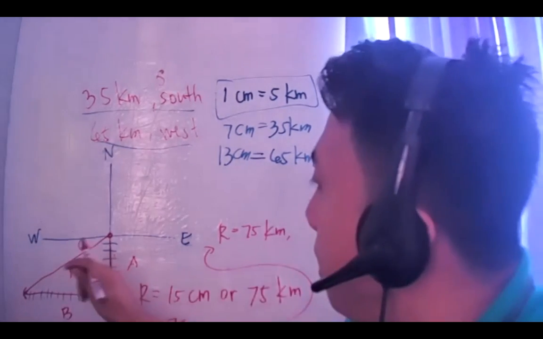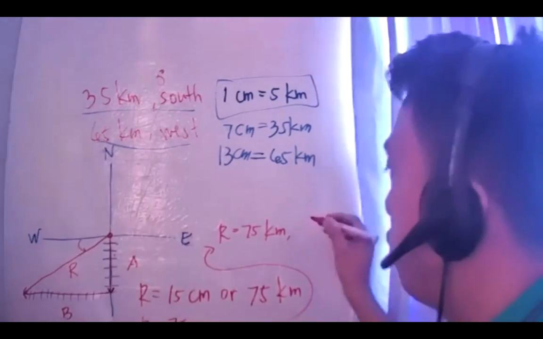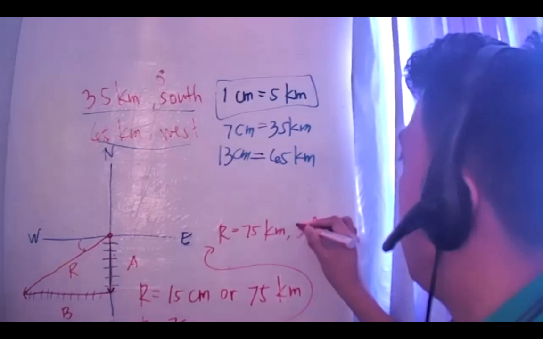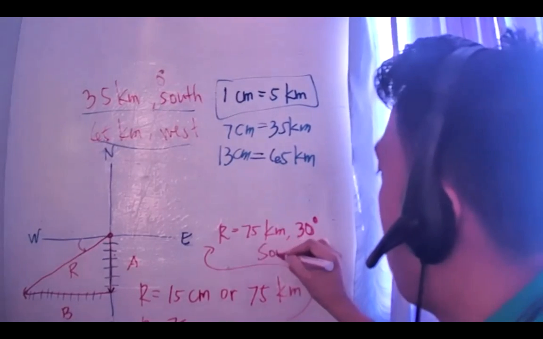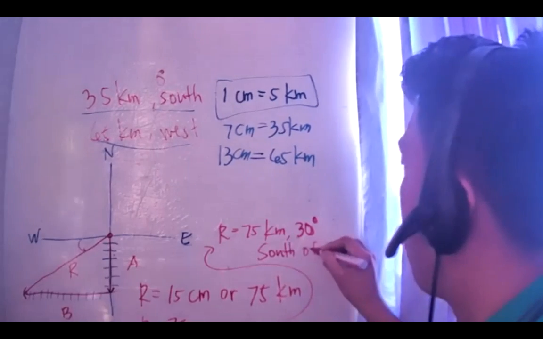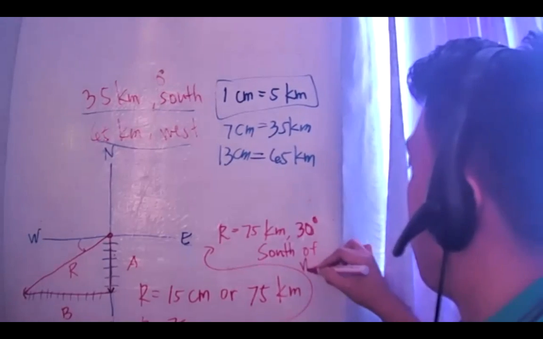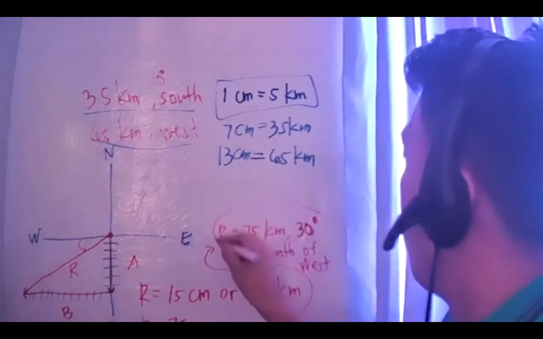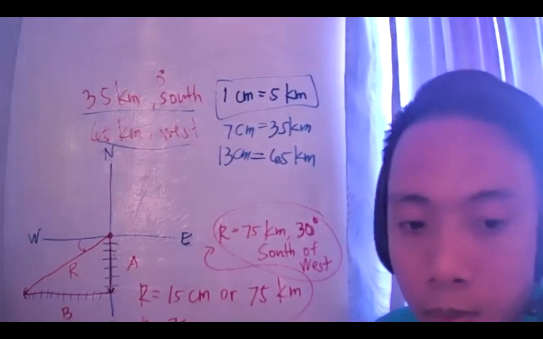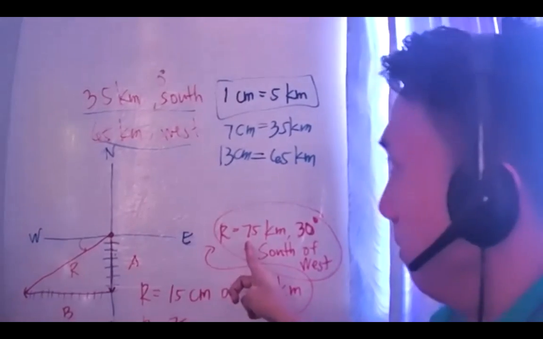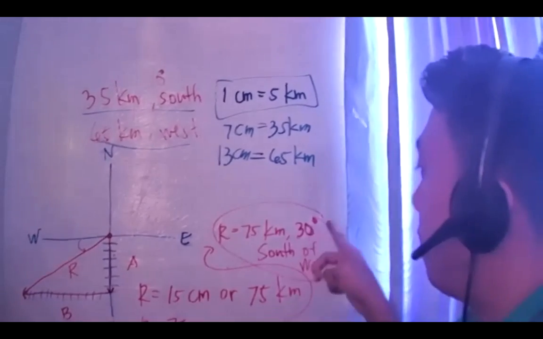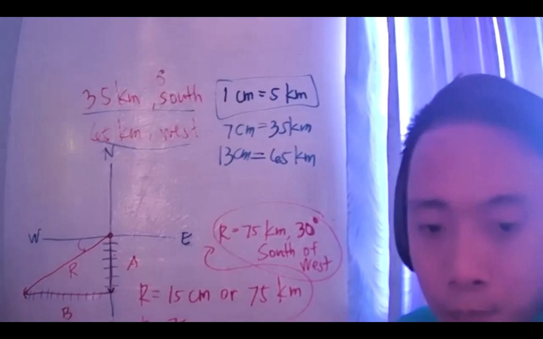So for example, I would just assume maybe 30 degrees south of west. Okay, so the answer for this one is 75 kilometers, 30 degrees south of west.